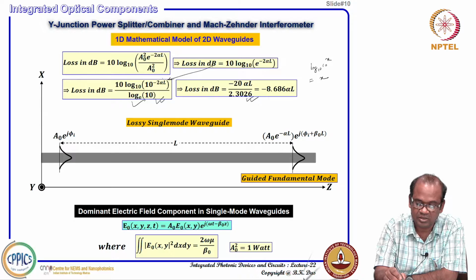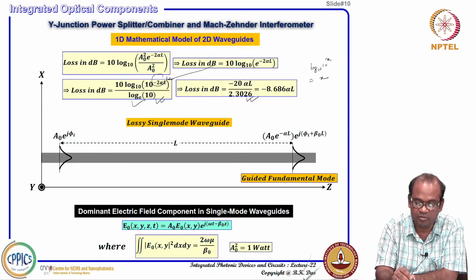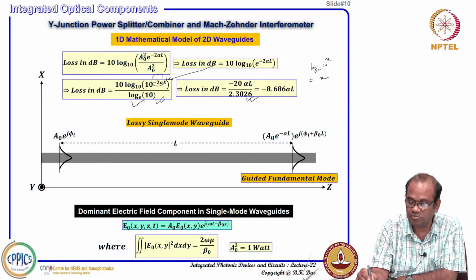That means this x should be multiplied by 10. Whatever you get in the numerator, 2 alpha L multiplied by 10, with a minus sign, gives 20 alpha L, divided by 2.3026. If you simplify, you will get 8.686 alpha L, with a minus sign of course, because the power is reduced, that is loss.